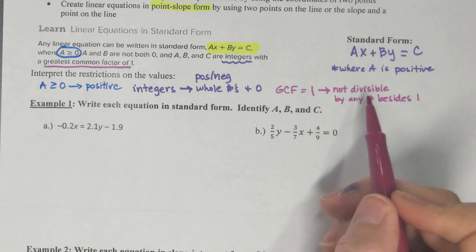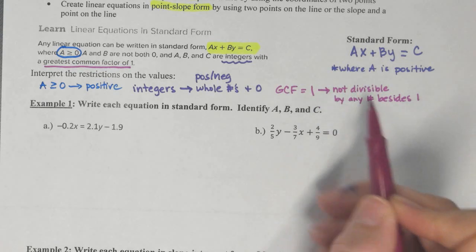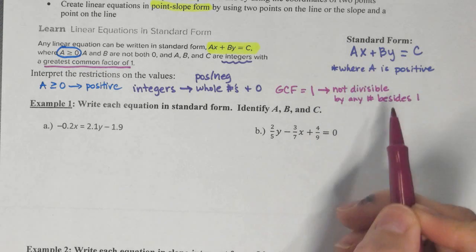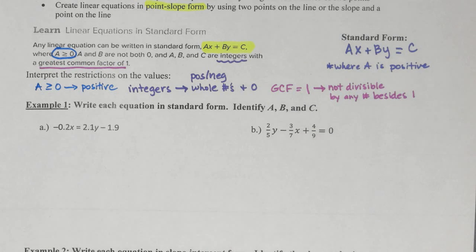But there's no other number that would go into A, B, and C besides 1. It's not the prime number because this is the greatest common factor. So the numbers aren't going to be prime.